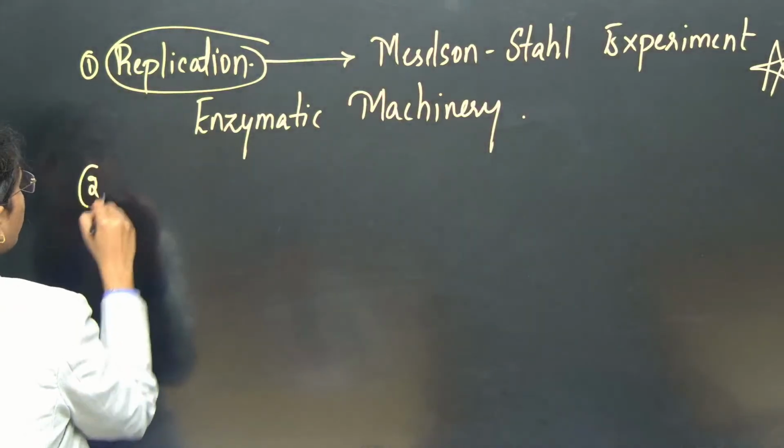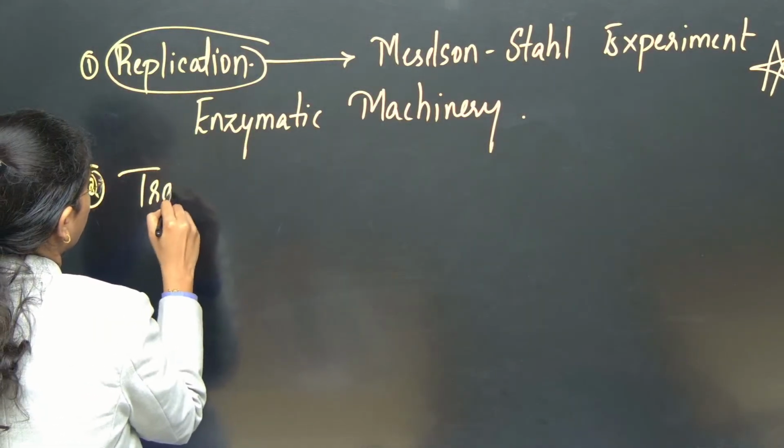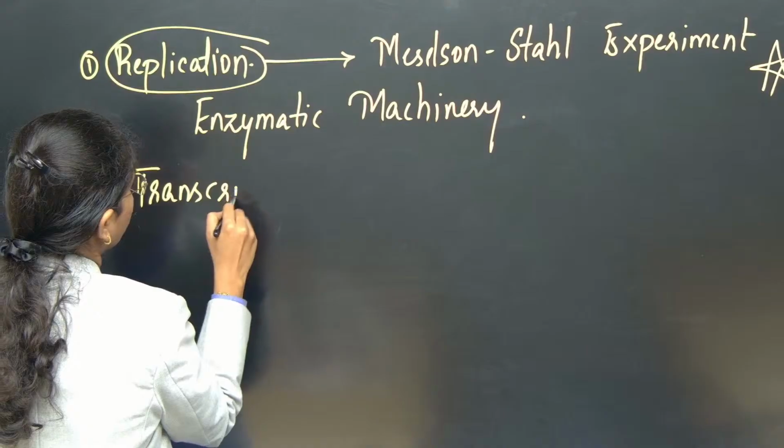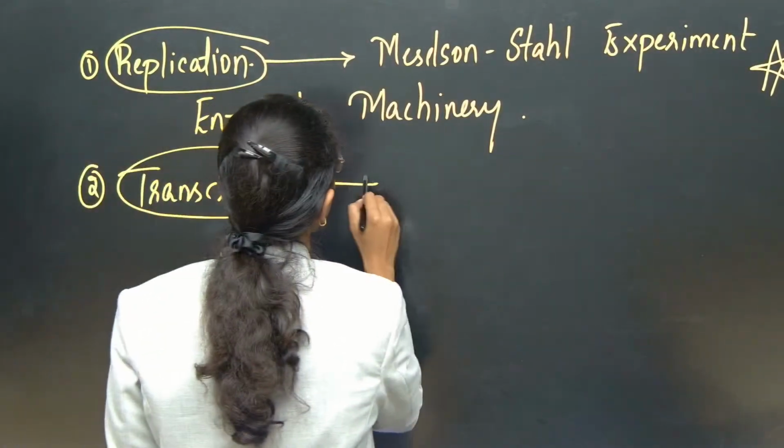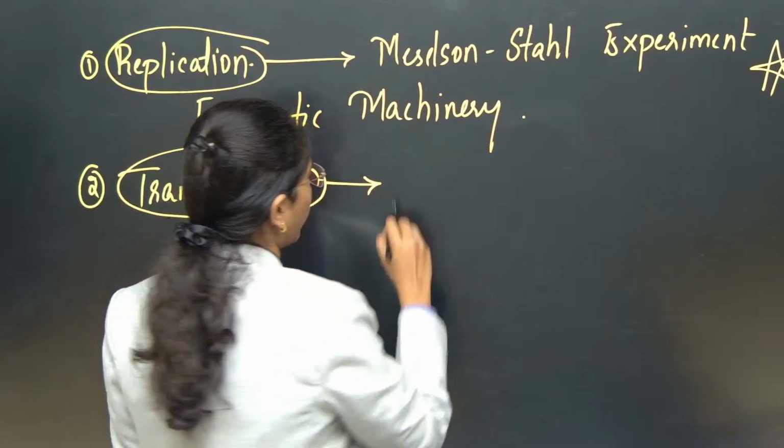Second is transcription, followed by post-transcriptional changes in eukaryotes.